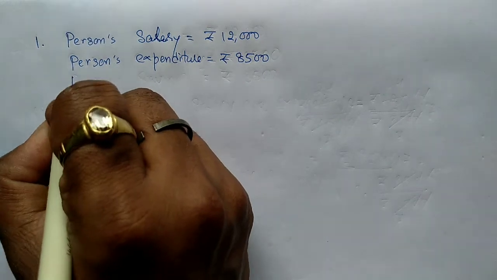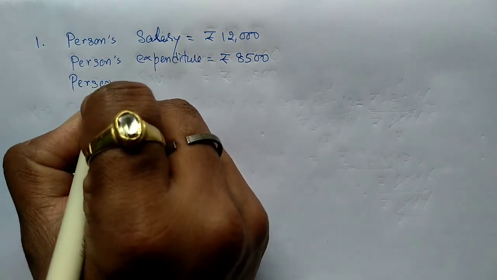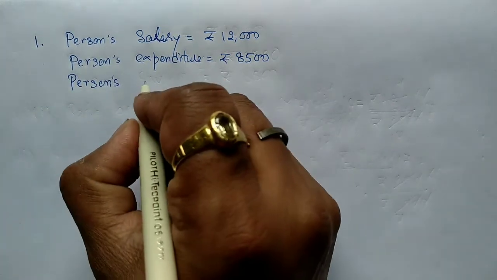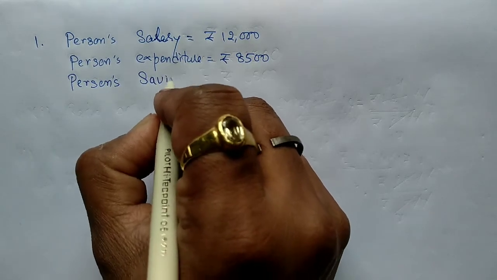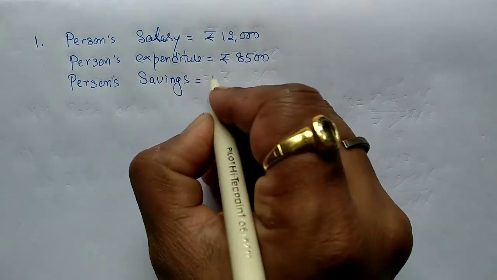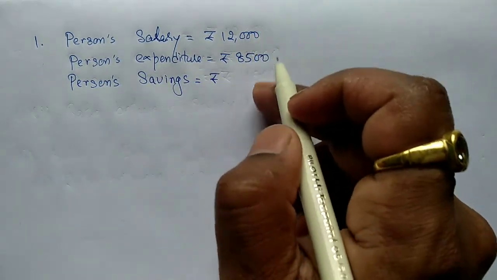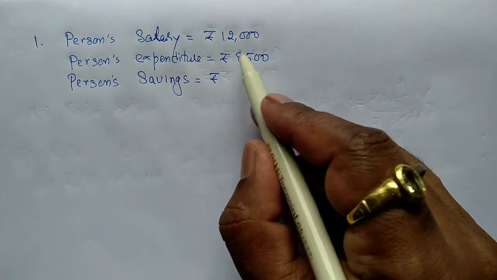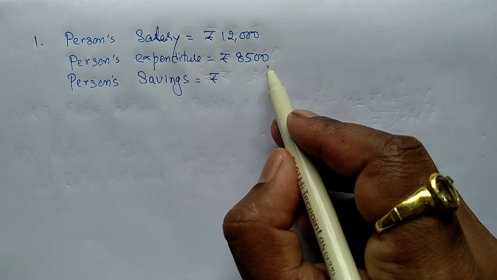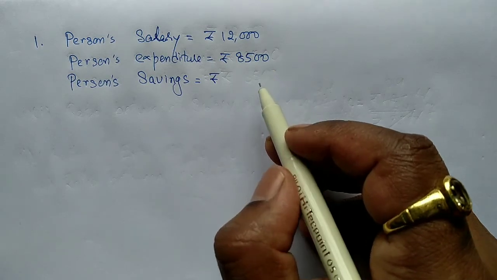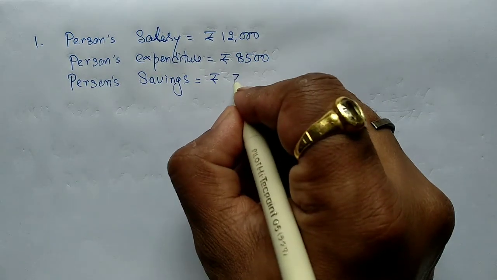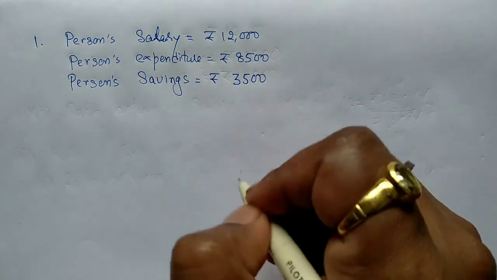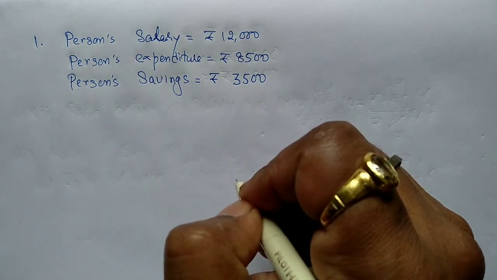Then person's savings will be equal to rupees, I need to subtract these two, then I shall get the savings, because he earns rupees 12,000, he spends rupees 8,500, so the remainder he saves. If I subtract this, I shall get 3,500. So let us try to find the ratio.